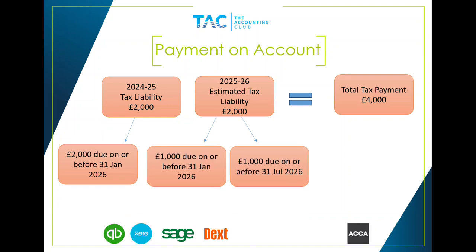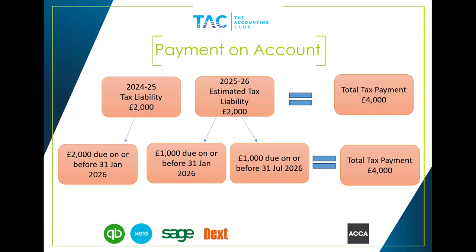So in terms of when you make the payment, the tax liability is usually due on or before the 31st of January. So your tax liability for 2024-25 is due on or before the 31st of January.